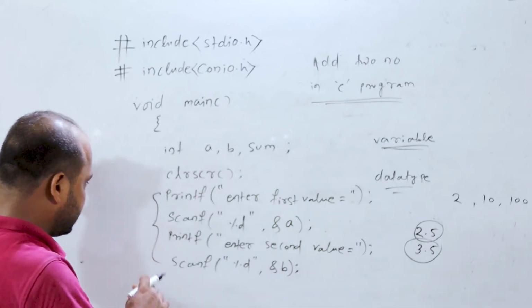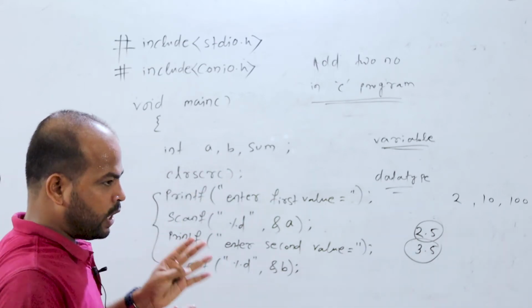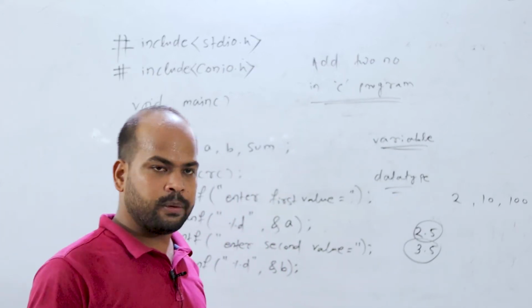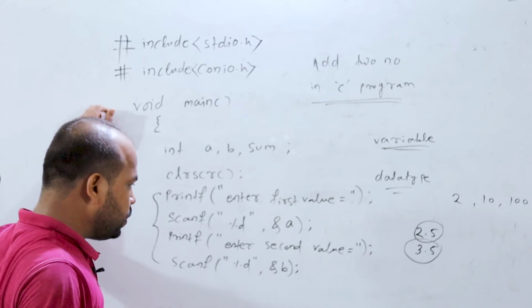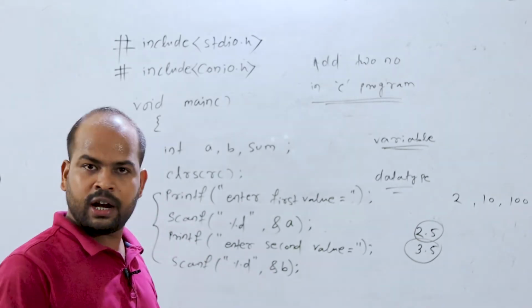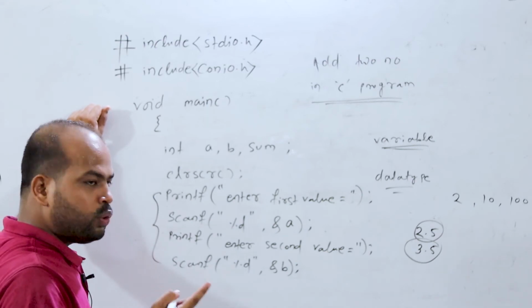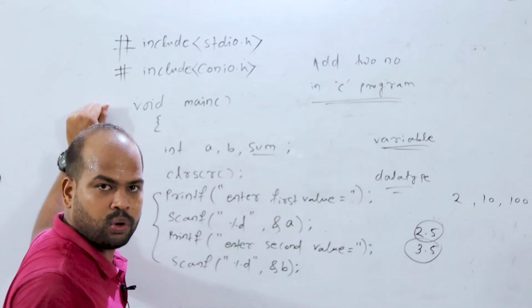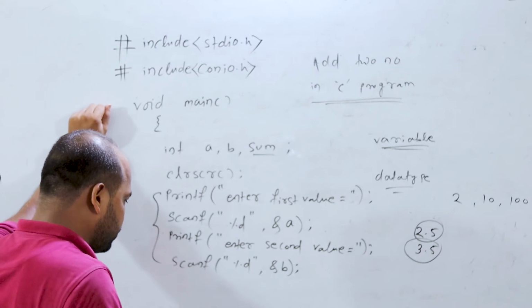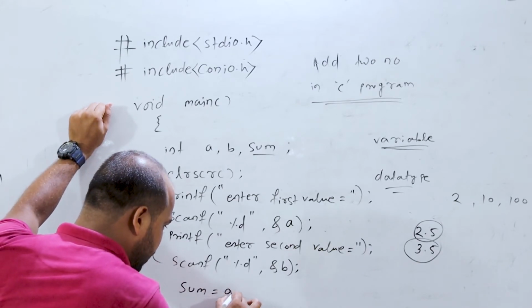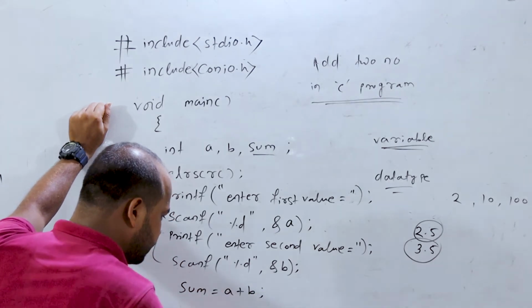Got it? The values are already inserted. Then we have to add them, and the result will be stored in some variable. So you have to write: sum equal to a plus b.